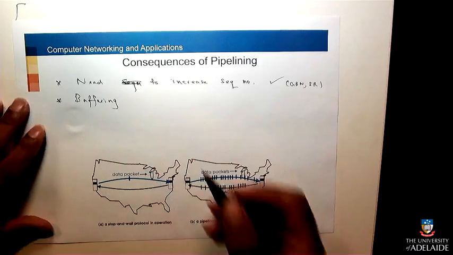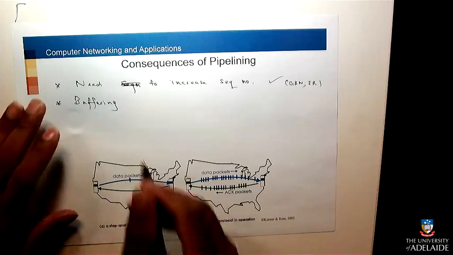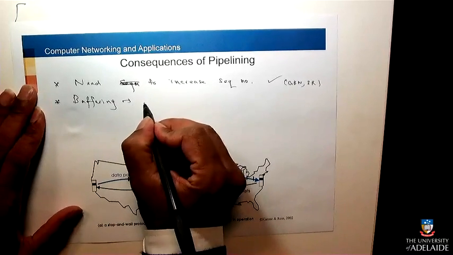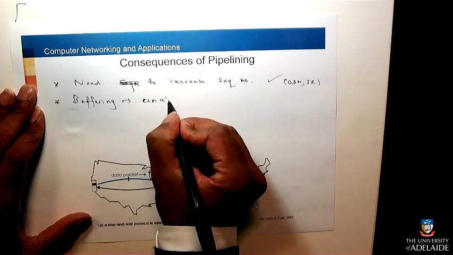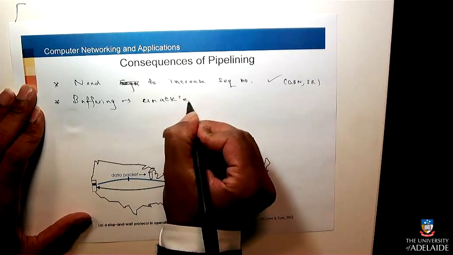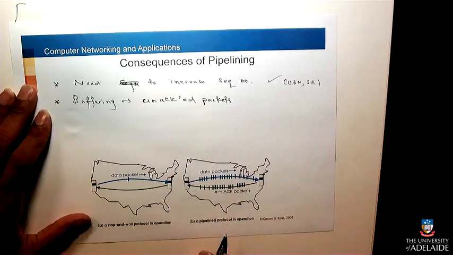Of course, in your case, it was simple. The window size was so small, but typically, in a byte stream, it might be fairly large. So you need buffering, and you need to keep track of unacked packets.